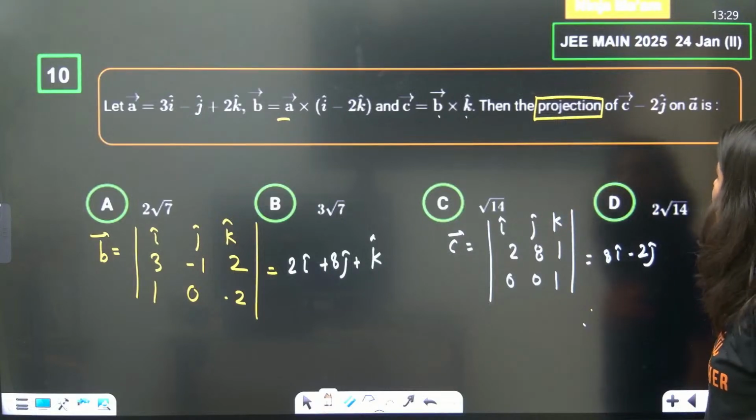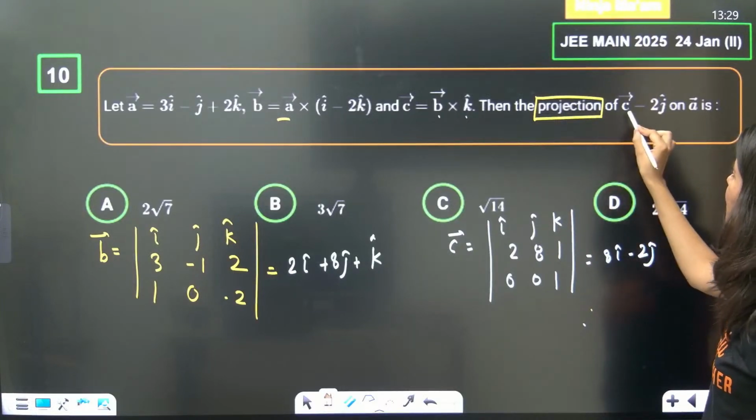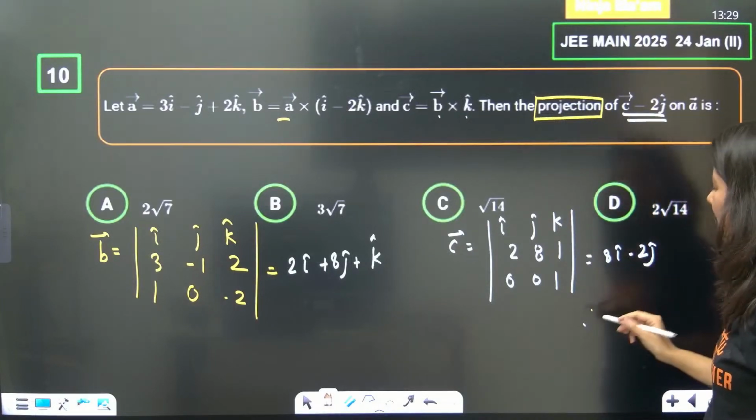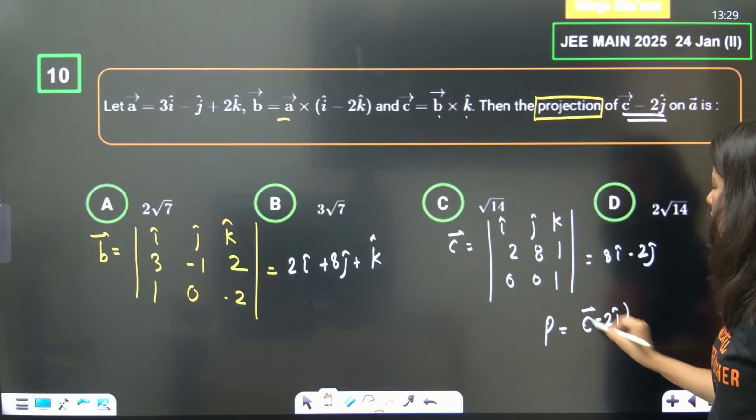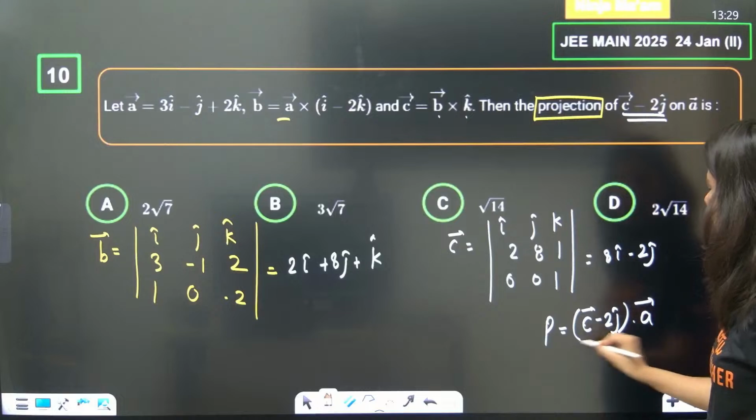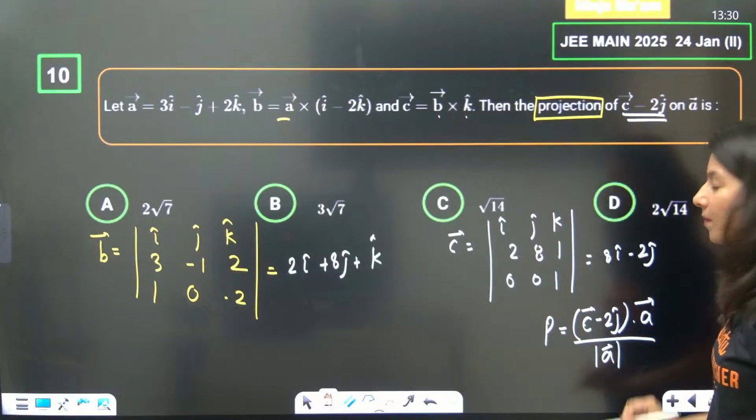This is the C vector. Now as per the question, the projection of C minus 2J on the A vector will be the dot product upon the magnitude of the A vector.